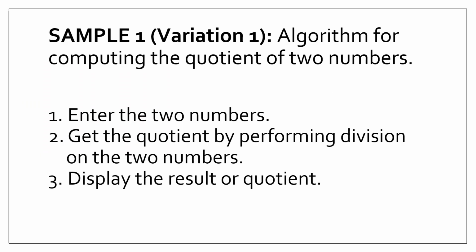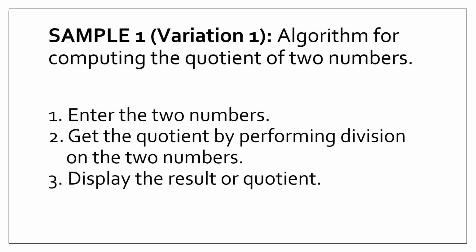Now we have a sample here, the first variation for an algorithm to compute the quotient of two numbers. This variation states that the first instruction is to enter the two numbers, and then we get the quotient by performing division on the two numbers, and then we display the result or quotient.